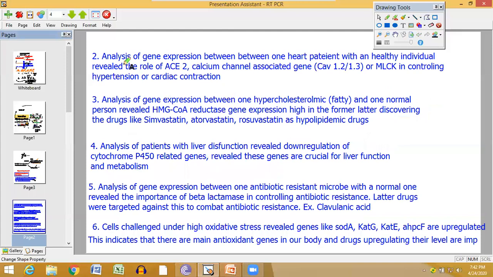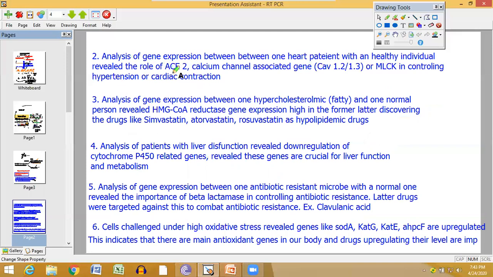There is a second example: analysis of gene expression between one heart patient and a healthy individual reveals the role of ACE2. I think you have already studied cardiovascular pharmacology, the antihypertensive one. ACE2 is a gene called angiotensin converting enzyme. This gene has a role with hypertension, heart.